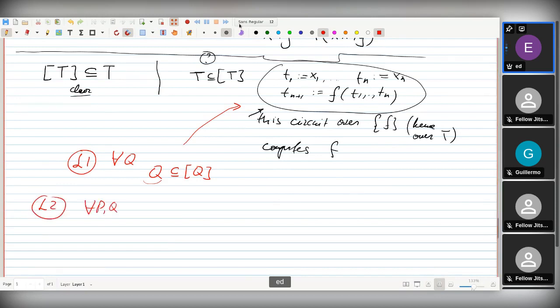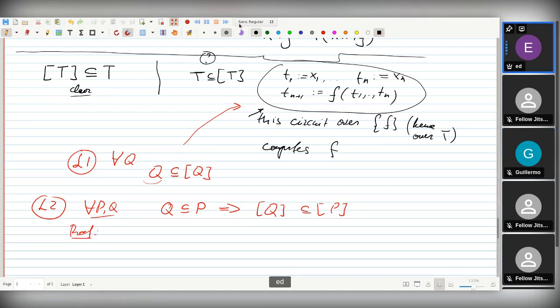Another lemma. Assume that P contains Q. Is it true that the closure of Q is included into the closure of P? Yes. Why is it so? What is the proof?